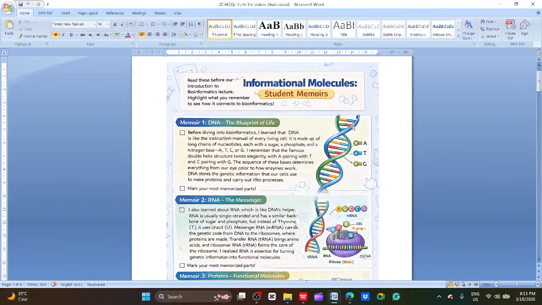You should know that the structure of DNA is a double helix. You can see it is spiral. And you should know that C will always bond with guanine.